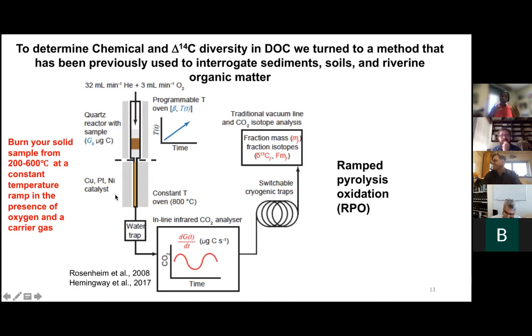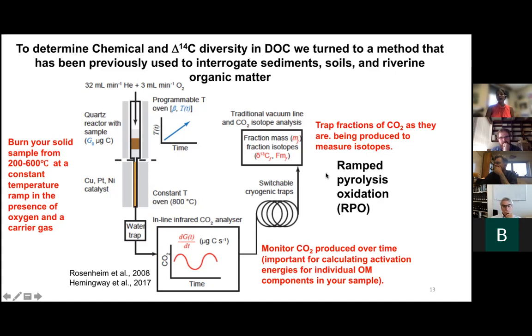As that CO2 evolves, it is measured and quantified, so you get a measure of CO2 evolved over time. And if you want to trap different fractions of that carbon dioxide over time for radiocarbon measurements, to get some sense of the distribution over this thermal gradient, you can do that, which we had done in some cases.